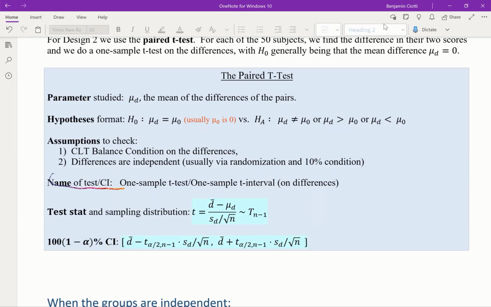Okay, so the name of this test is still the one sample t-test, or t-interval, except it's on differences. And our test statistic will be the mean difference, the difference between the mean difference and the hypothesized mean difference divided by the standard error of the mean difference distribution.